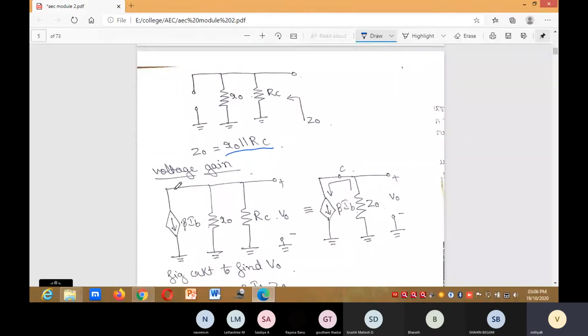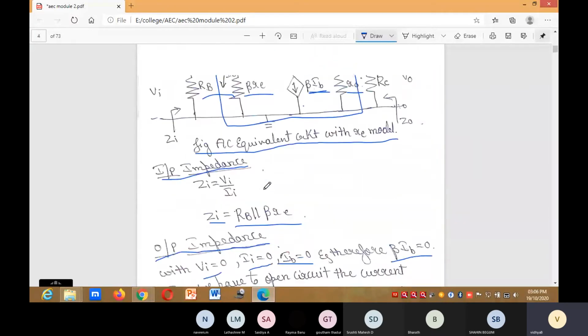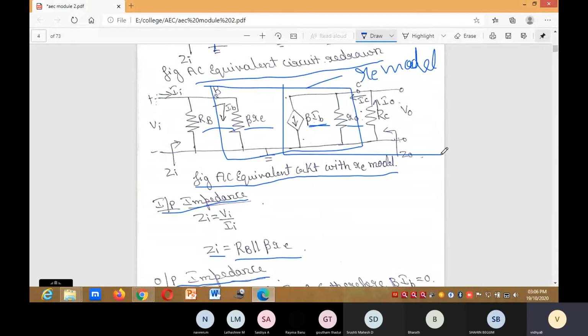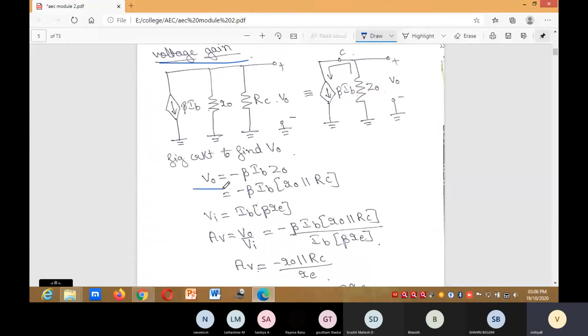Next is voltage gain. Voltage gain, beta Ib, Ro, Rc, this side, the output side. Here we consider the output voltage Vo equal to minus beta Ib Zo, because this is in the downward direction.